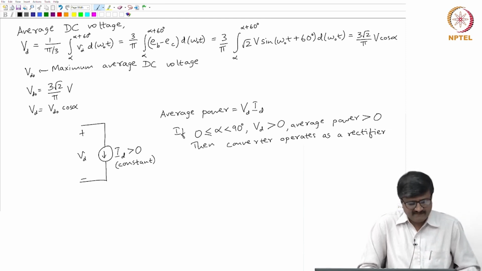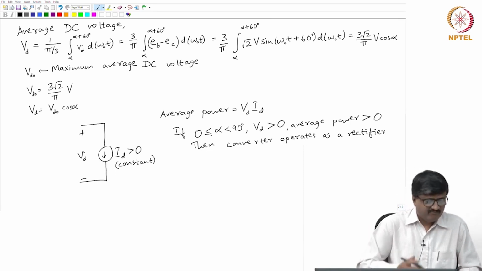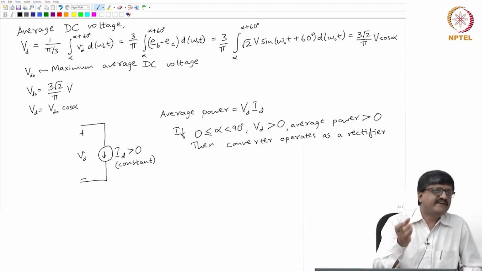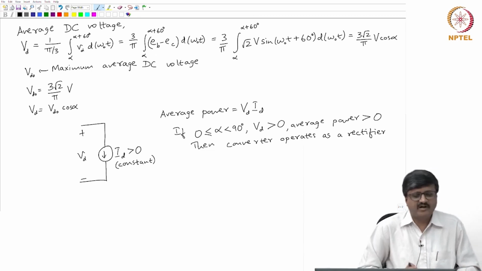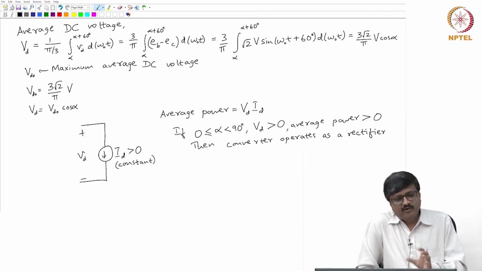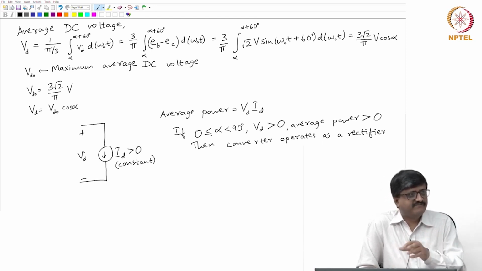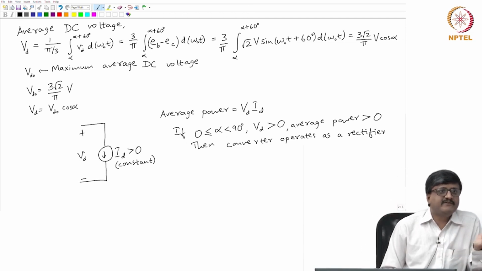So, when we say something is not equal to what is desired, then we want to find out by how much it is deviating from ideal. So, how do we do that? We want to quantify the amount by which the voltage on the DC side is deviating from the ideal waveform, and we want to quantify the amount by which the current on the AC side is deviating from what is desired.